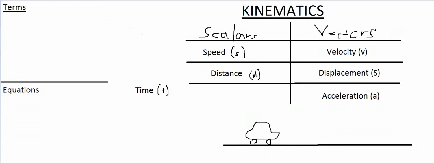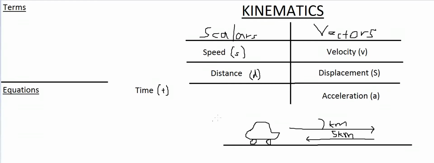First, the car travels for 7 kilometers forward, and then reverses and goes back for 5 kilometers. So what is the total distance and the displacement?